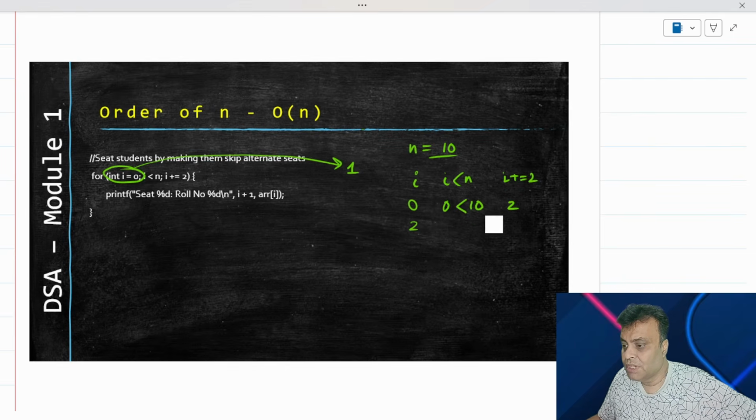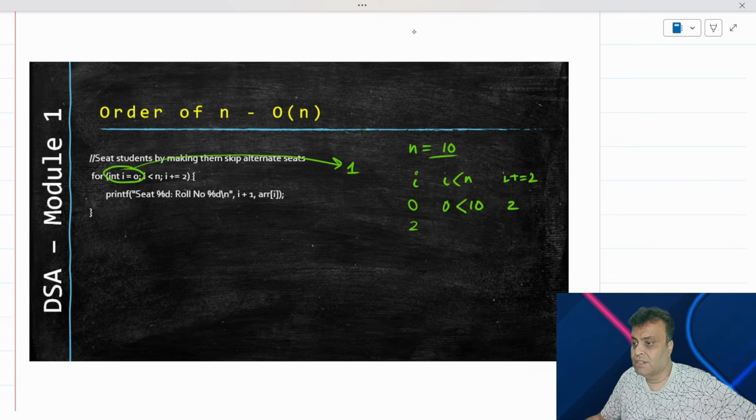Right, so we'll go into the second iteration with the value of 2. So now 2 will be compared with 10. That will also be true, and i will be incremented to 4. Now with 4 we will enter the third time. So 4 is less than 10, and this will become 6.